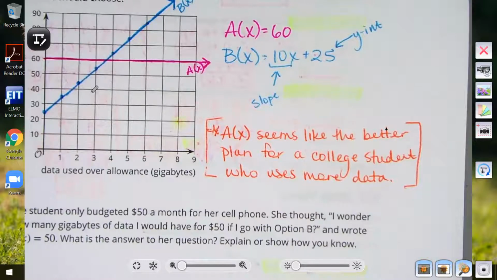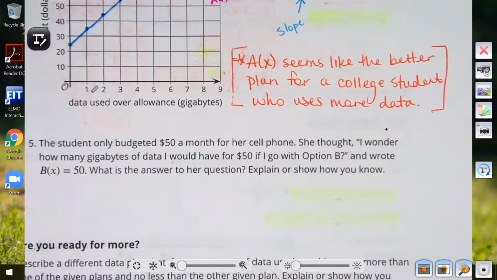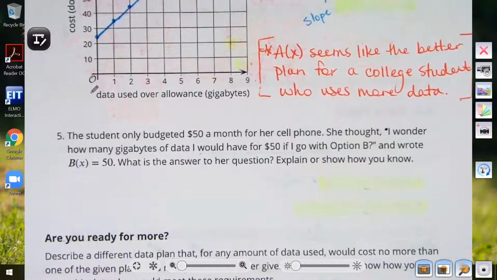Okay. It says the student only budgeted $50 a month for her cell phone. She thought, I wonder how many gigs of data I would have for $50 if I go with option B, and wrote B of X equals 50. What is the answer to her question? Explain or show how you know.